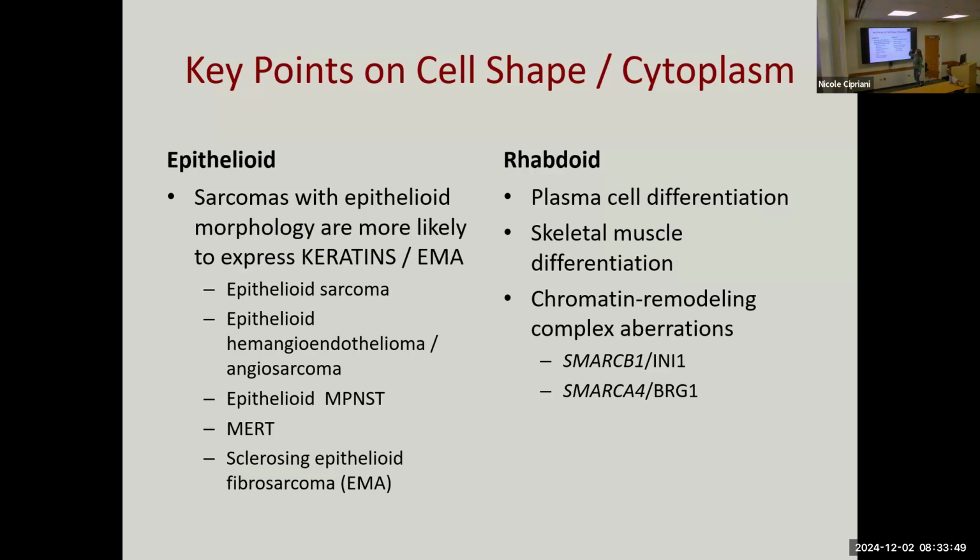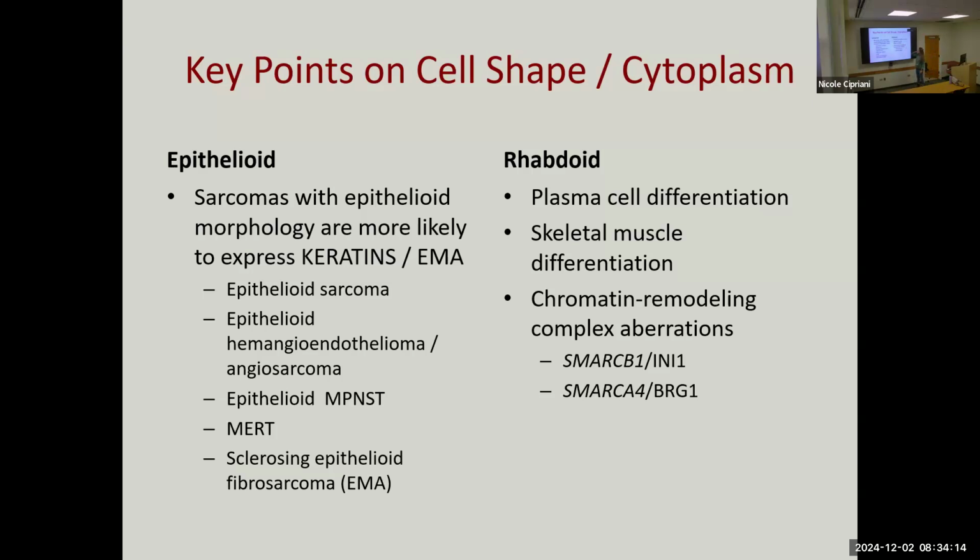Rhabdoid things can be things that show plasma cell differentiation, because we see bone lesions all the time from multiple myeloma. We see them on frozen, we see them on permanent. You have to be able to recognize that you may be dealing with a true plasma cell neoplasm. Things that are rhabdoid could also have skeletal muscle differentiation, like desmin and myogenin.